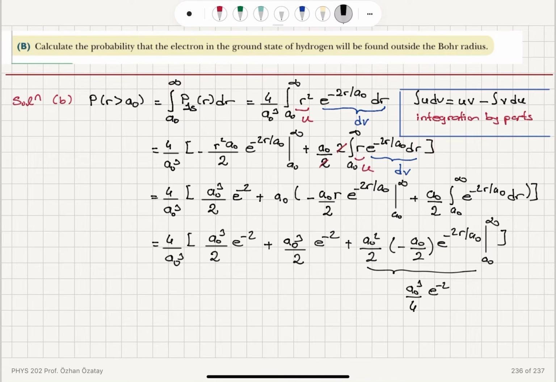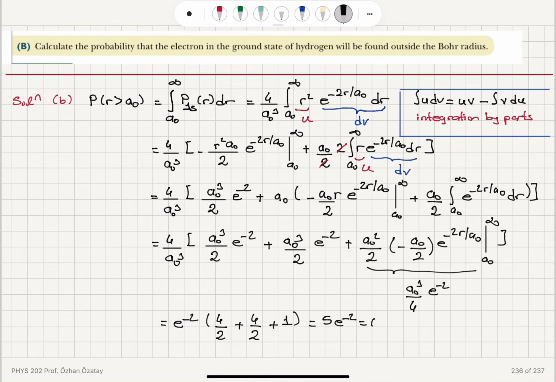So a0 cubes will cancel, and my answer will be e to the minus 2 parentheses. Then I have 4 over 2 plus 4 over 2 plus 1. So that gives me 2 plus 2 plus 1, 5 e to the minus 2.